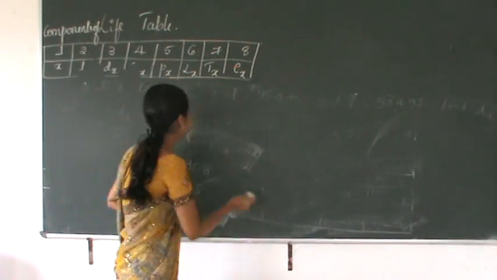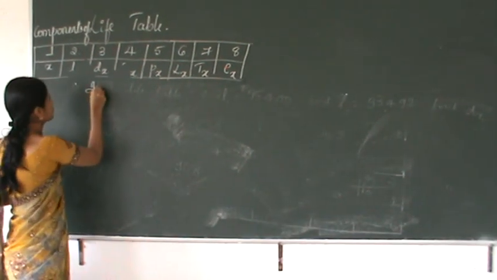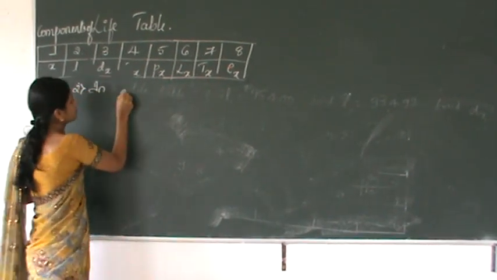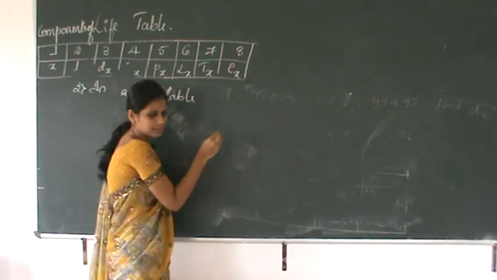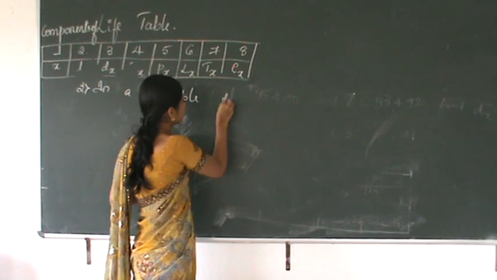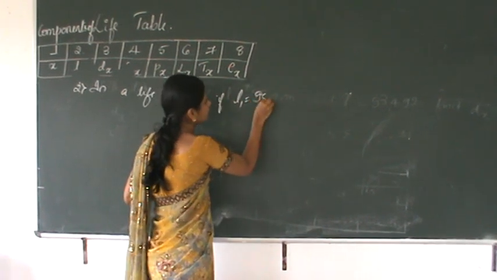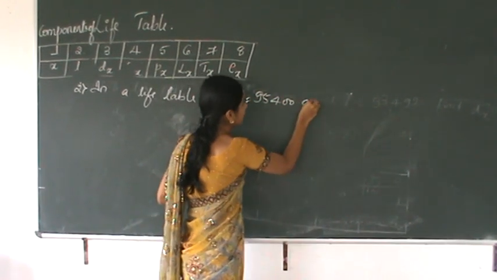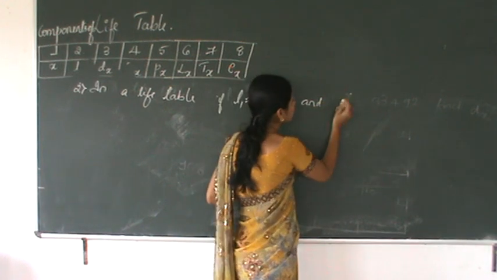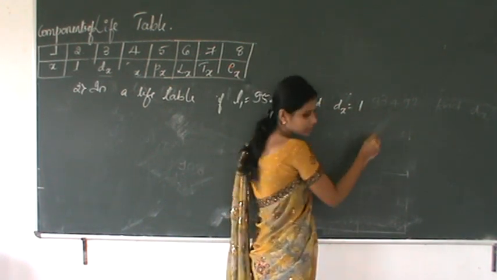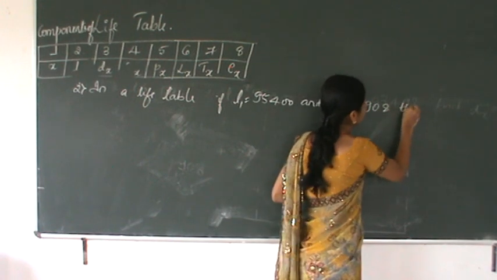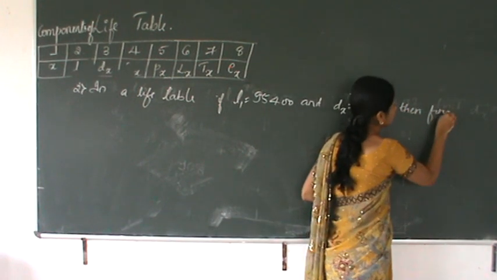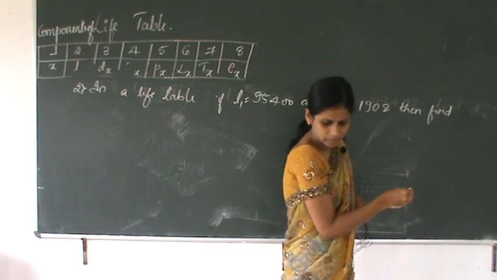In a life table, if L1 is equal to 95,400 and dx is equal to 1,908, then find Lx.